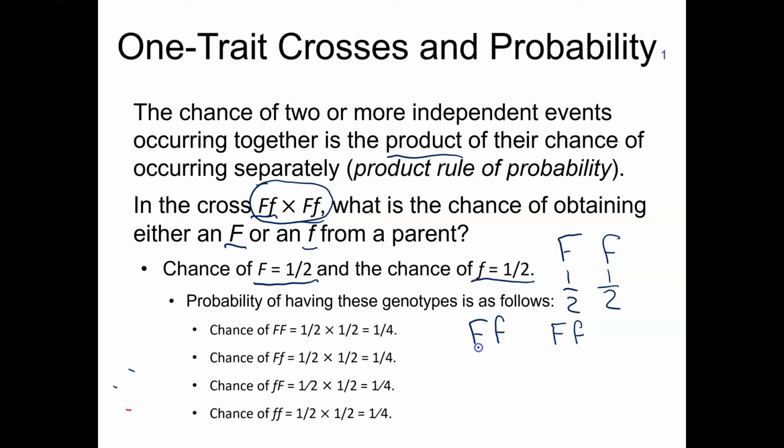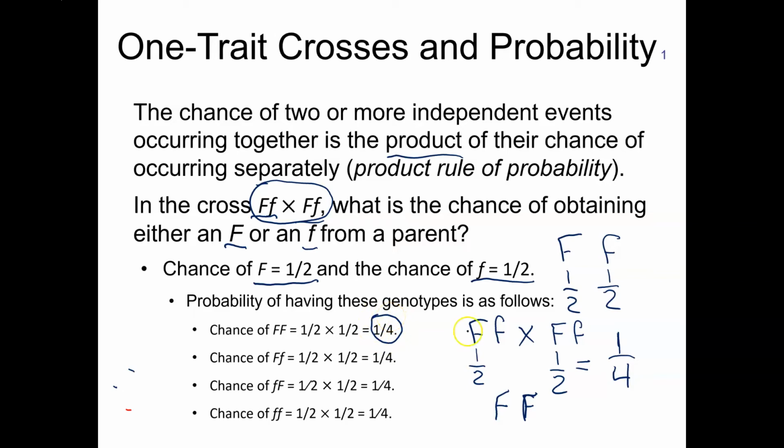The chance of getting this big F is 1/2, and the chance of getting this big F is 1/2, to make a big F, big F. How we figure this out is we multiply these fractions. When you multiply fractions, you multiply the denominators, and 2 times 2 is 4, and you multiply the numerators. 1 times 1 is 1, and that's where you get this 1/4.